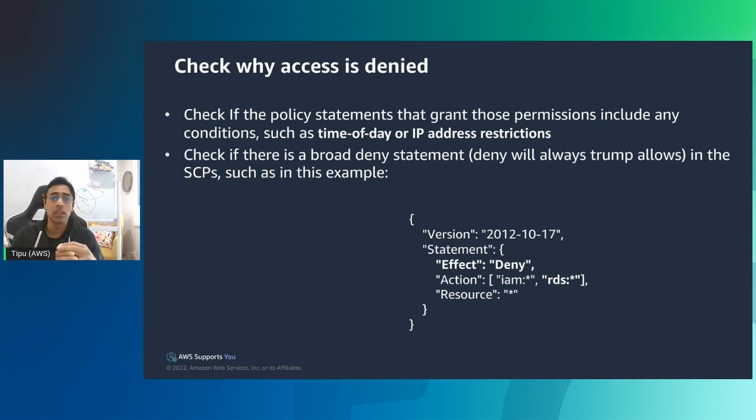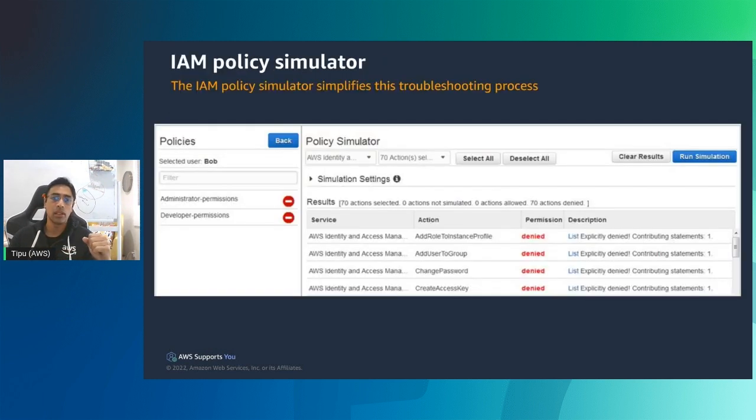So if the permission that you intended for an IAM role or user was to do some RDS operation, this SCP guardrail would need to be changed, right, to ensure that the person can do it. Now, here are some tools that can make it a little bit easier for you. The first is the IAM Policy Simulator. The benefit of this tool is it allows you to put in the policy and then see why it gets denied.